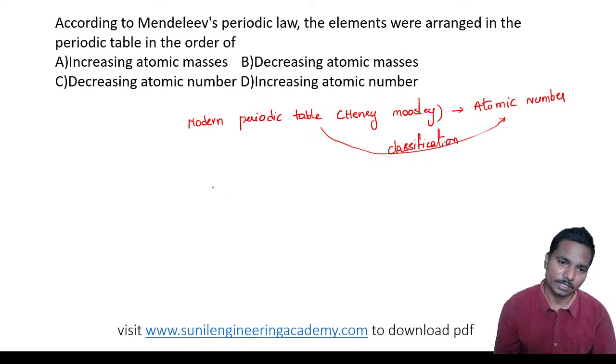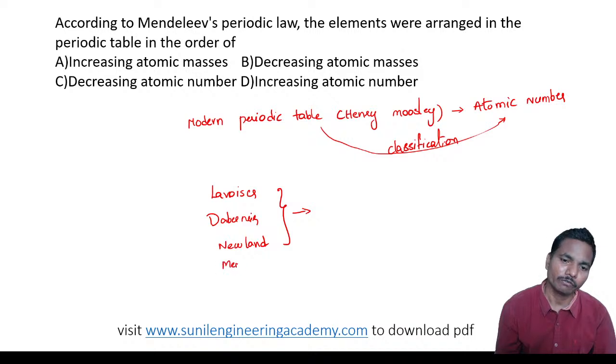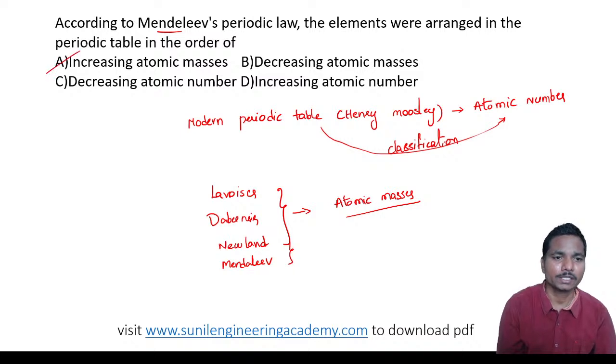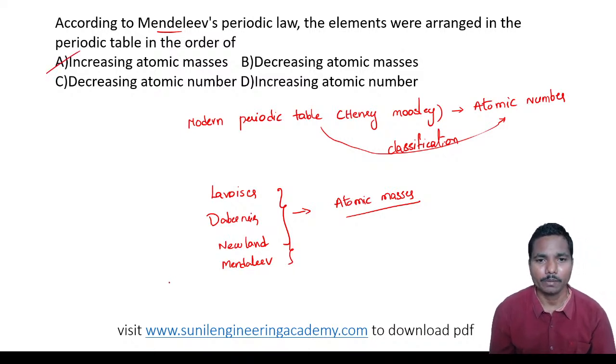The remaining ones, Lavoisier, Dobereiner, Newlands, and also Mendeleev, all these periodic classifications are based on atomic masses. Here they are asking about Mendeleev, so the answer is option A, increasing order of atomic masses.